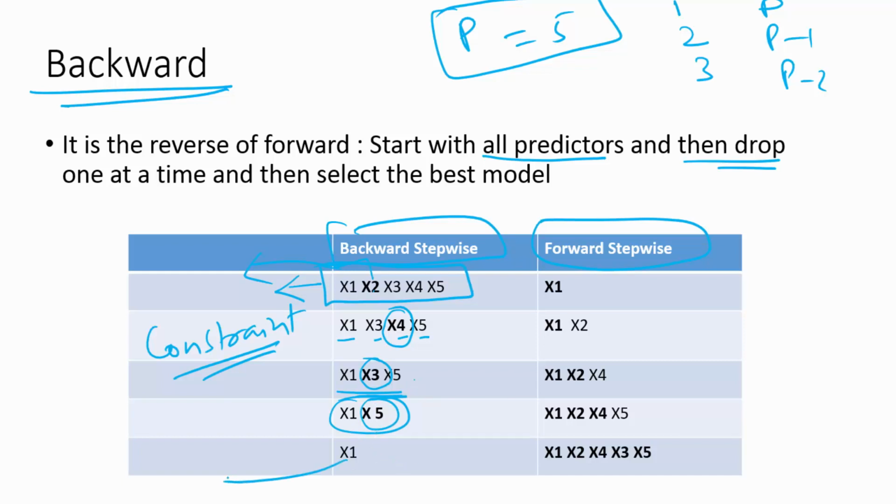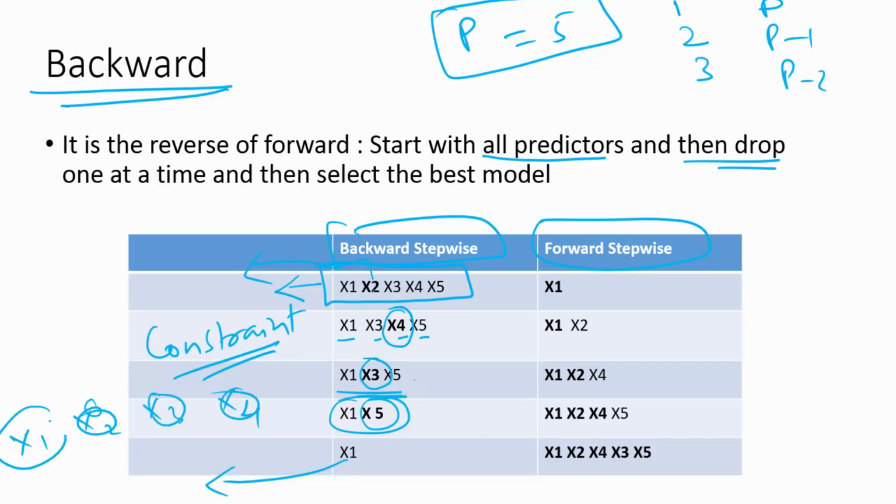So in the one variable model, you ideally should have 5 models, right, as per subset selection. But here you cannot have a model with x5 because it's not part of it. You cannot have x2 either, you cannot have x4 either, you cannot have x3 either.